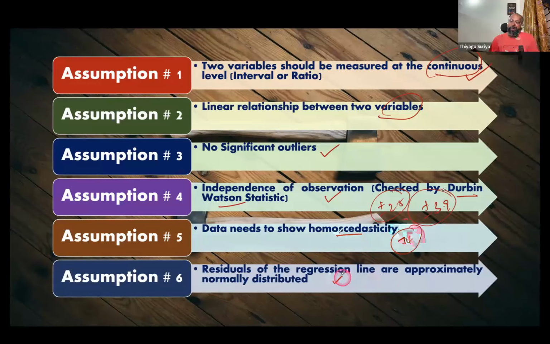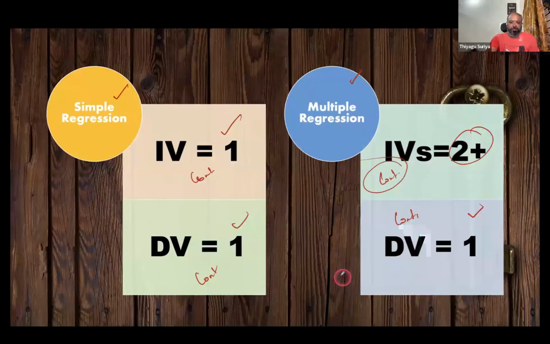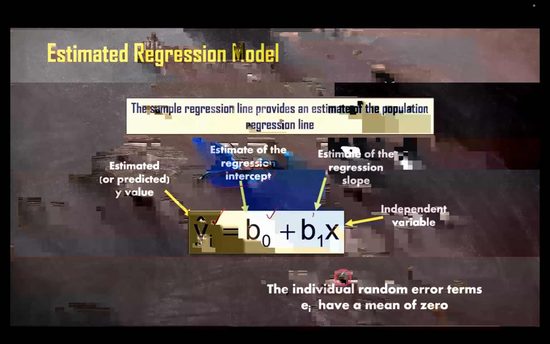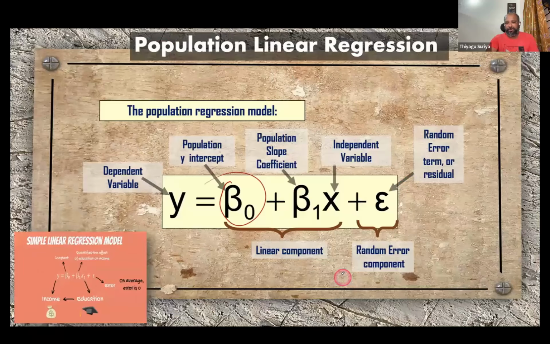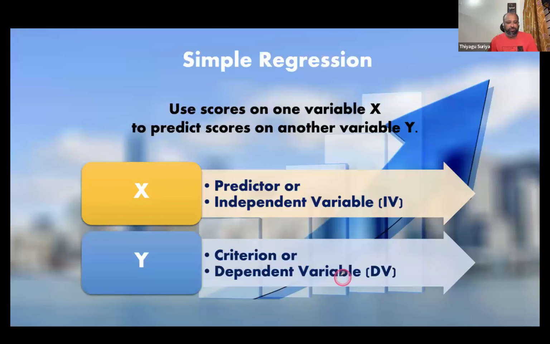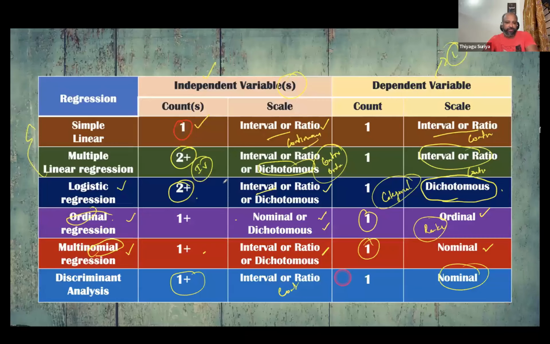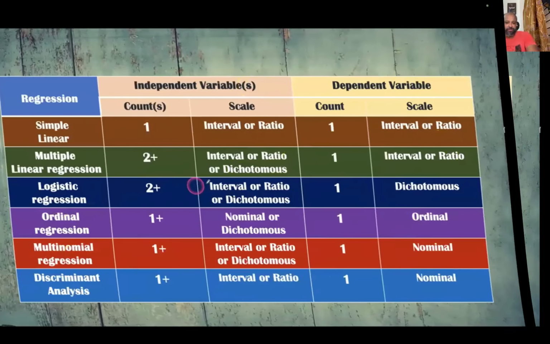Now the question: if the data is normally distributed, we do linear regression or multiple regression. Therefore, is multiple regression parametric or non-parametric? It's parametric. Now you can see this table. What about logistic regression? Logistic regression is non-parametric, sir.